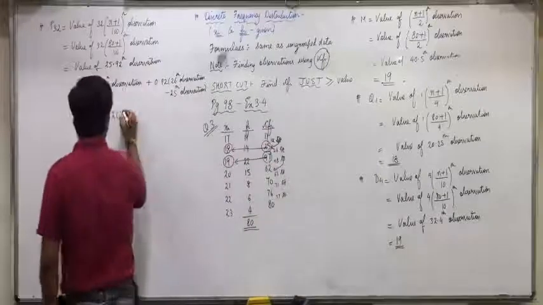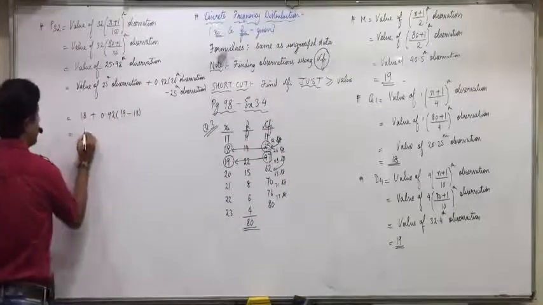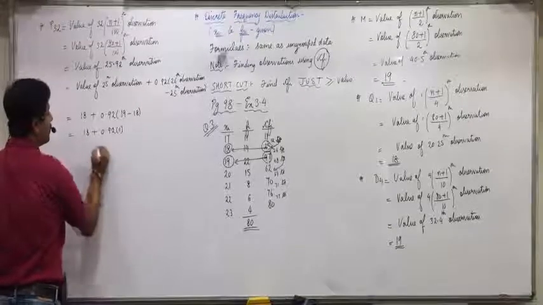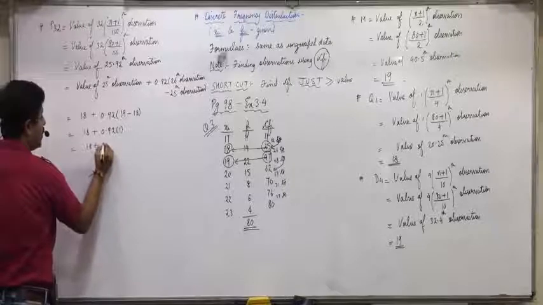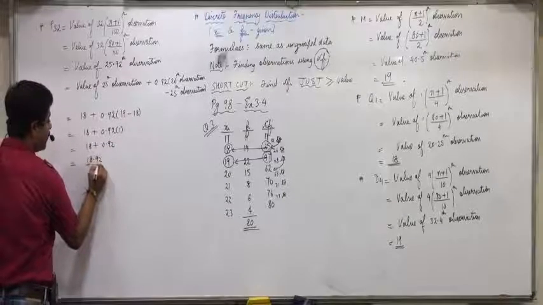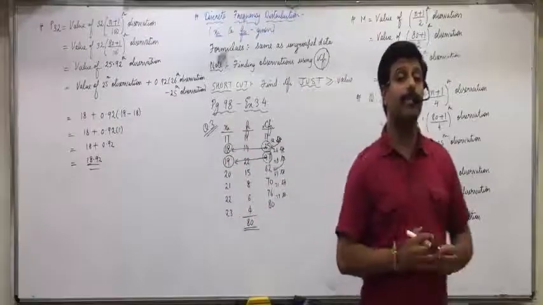Yes. Minus 25 is 18. So 18 plus 0.92 into 1. 18 plus 0.92, 18.92. Now tell me, why did we use the shortcut here?